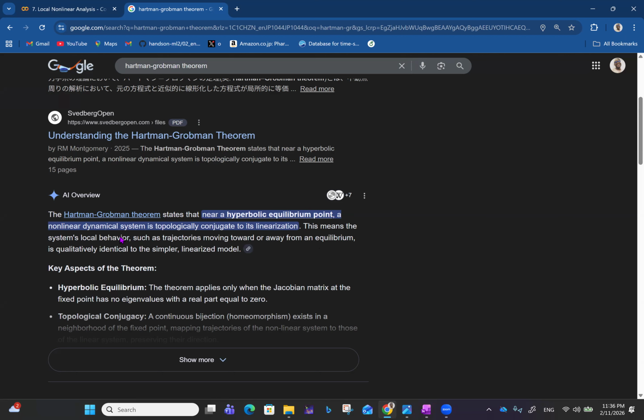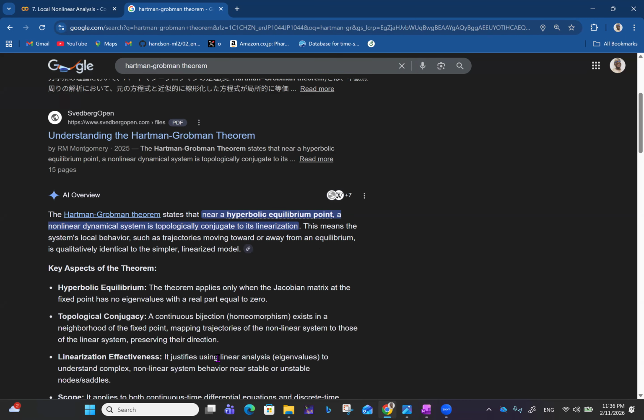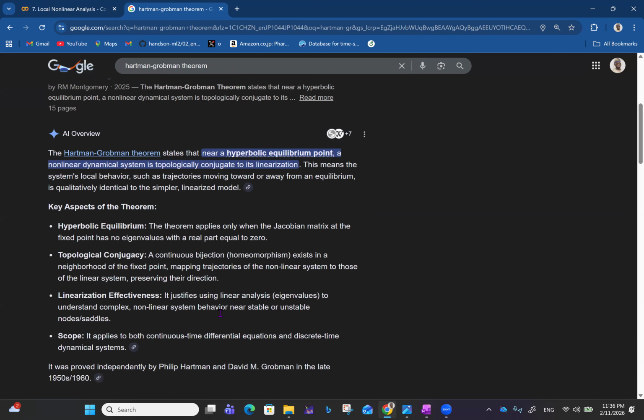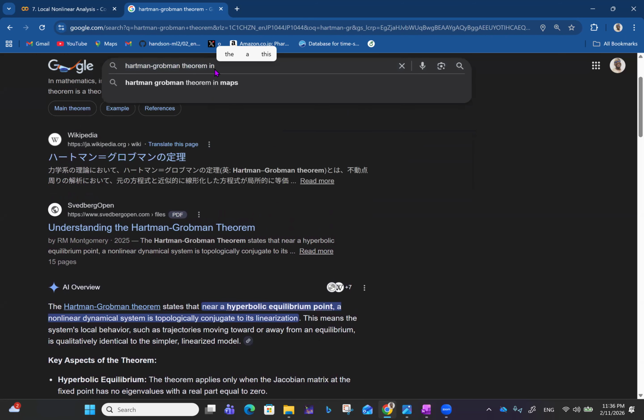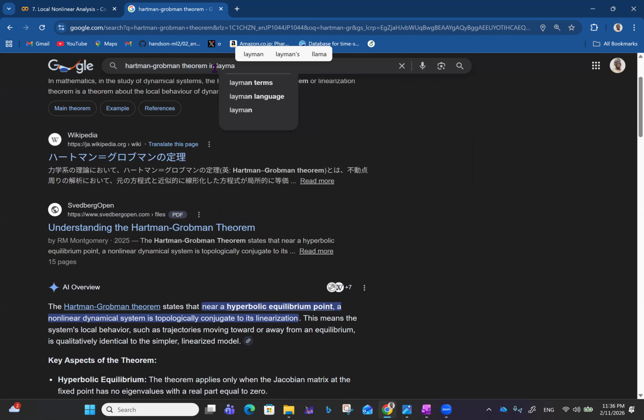This means the system's local behavior, such as trajectories moving toward or away from an equilibrium, is qualitatively identical to the simpler linearized model, as we see in the Jacobian matrix. Okay, let me say it in layman language now.